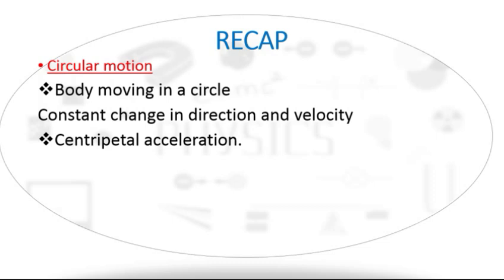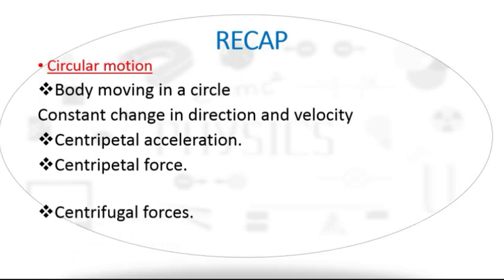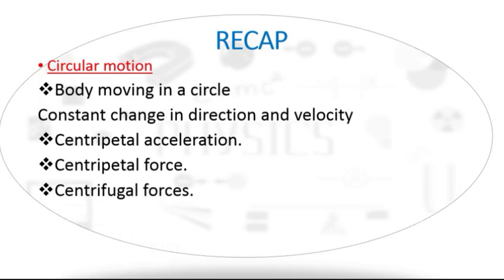It will have a centripetal acceleration, and then the force known as centripetal force, whereas the force which pushes it outwards is what we know as centrifugal force. Then there will also be its own weight.